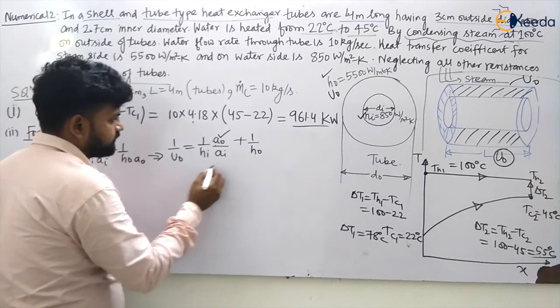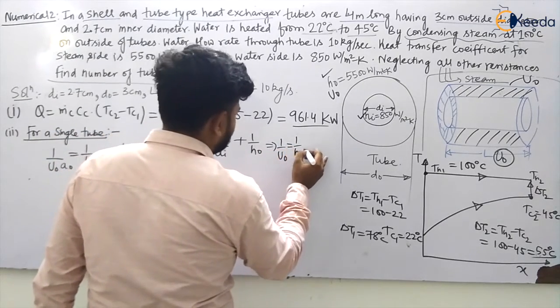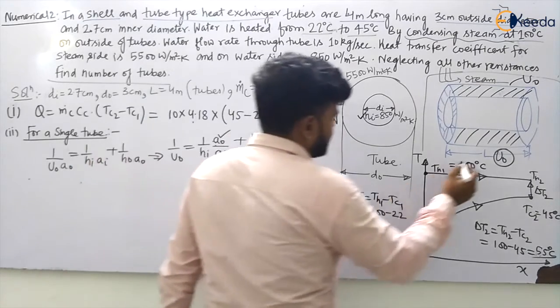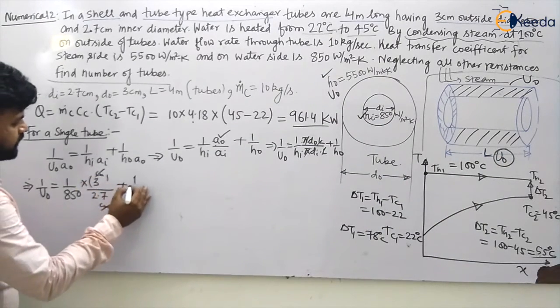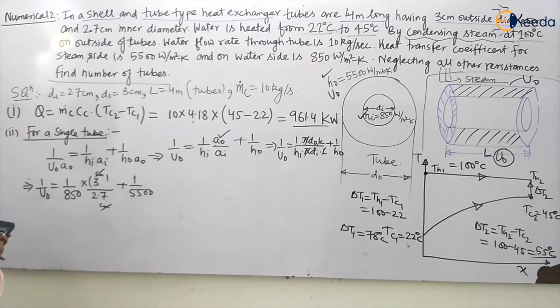I can write: 1 upon U naught is equal to 1 upon Hi into pi d naught L for that tube, where L is the length of the tube, and the centimeters will cancel, plus 1 upon H naught, which is given as 5500, my dear students. Let us calculate this value. This will be 2.7 divided by 850 plus 1 divided by 5500, and 1 divided by this. So U naught is equal to 671.58.